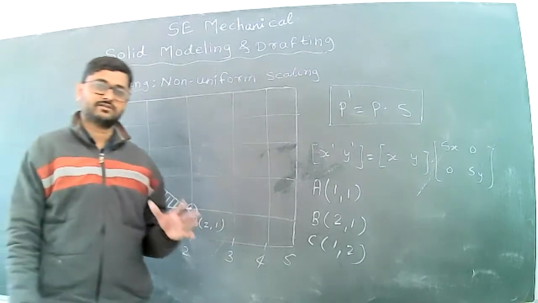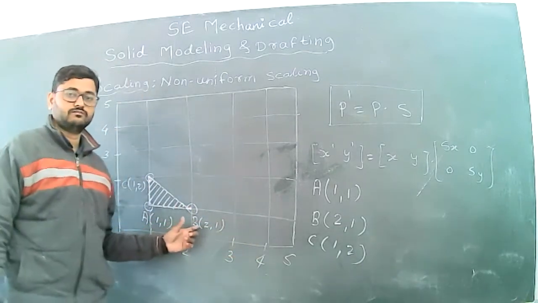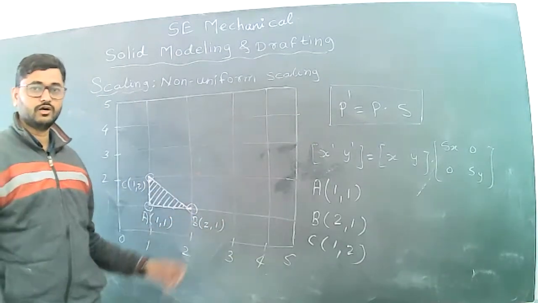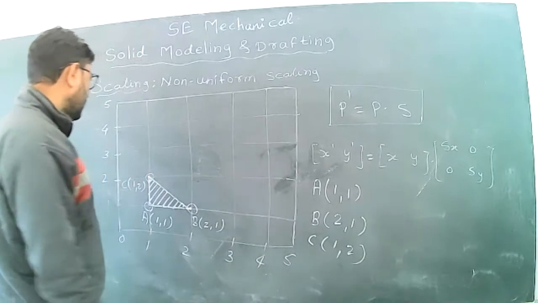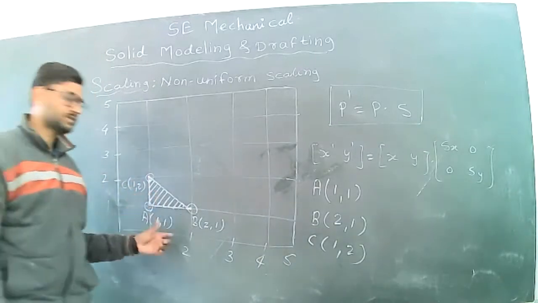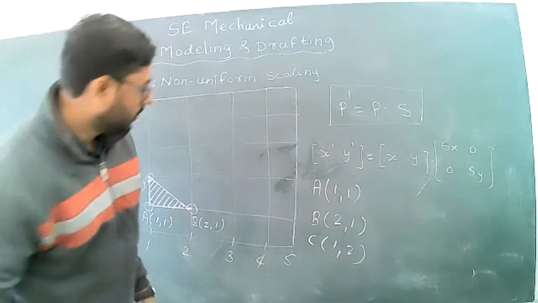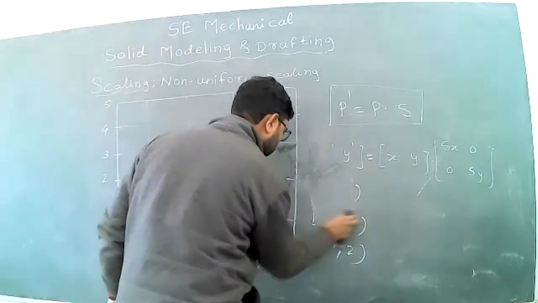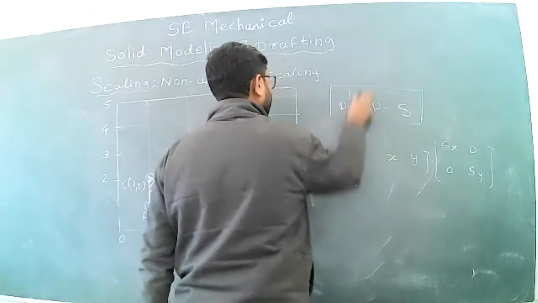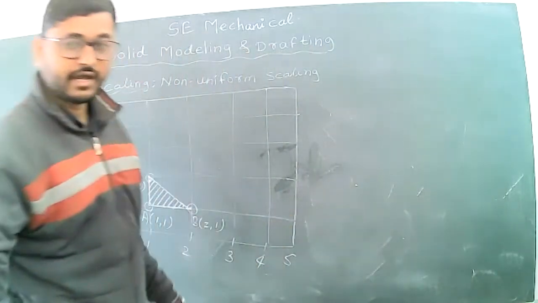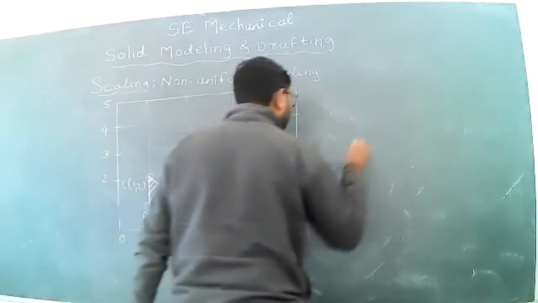So here our task is to transform or scale this triangle to the new position or to the new coordinates. So how to transform this triangle to the new position? Here we take scaling parameters Sx and Sy.